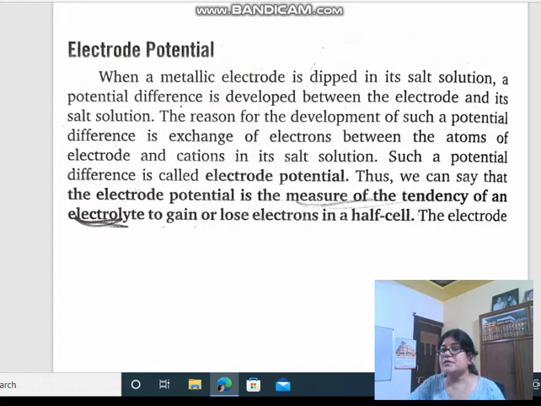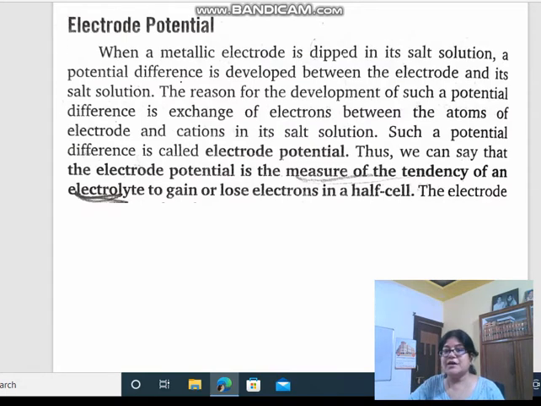And this potential which is developed between the electrode and its solution is known as electrode potential. Now we can easily see how we define the electrode potential. The electrode potential is a measure of the tendency of an electrode to gain or to lose electrons. That means it gives us the quantitative measurement of how many electrons are gained or lost in the half cell.